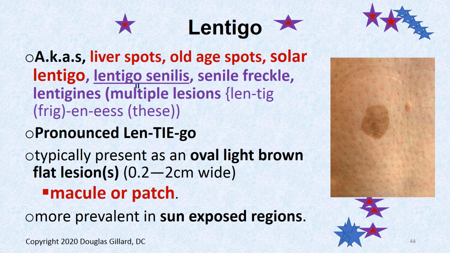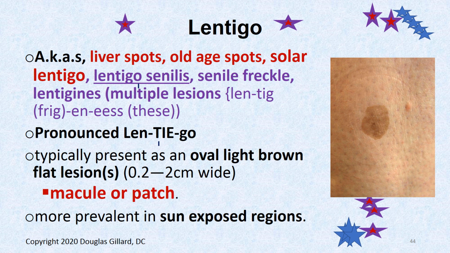I've heard lentigo senilis because you get old, I guess. This is not politically correct these days, so I doubt you'll see it on any boards. It's disparaging to old people, so let's call them old age spots. That's still disparaging to old. How about liver spots? I don't know. Where does it end? But anyway, these are all common AKAs.